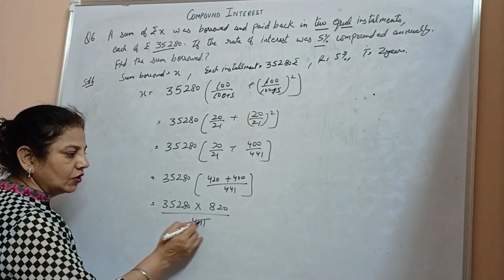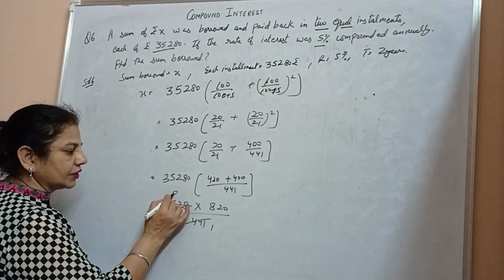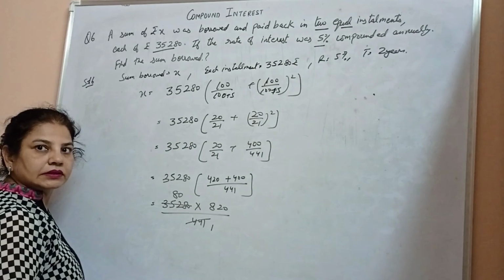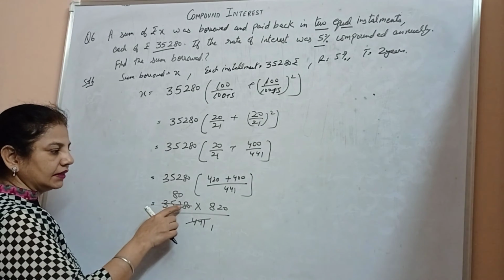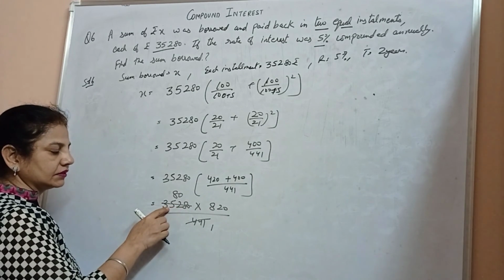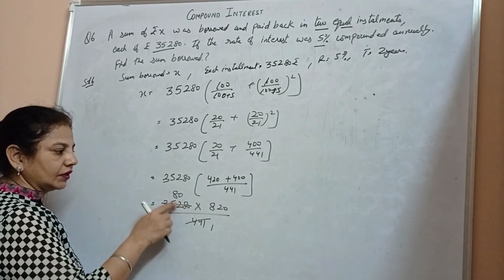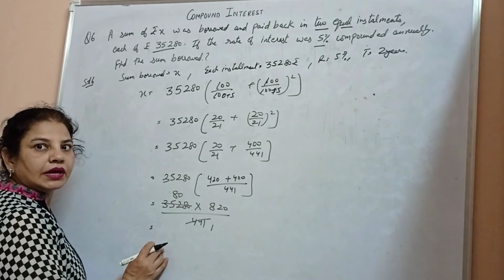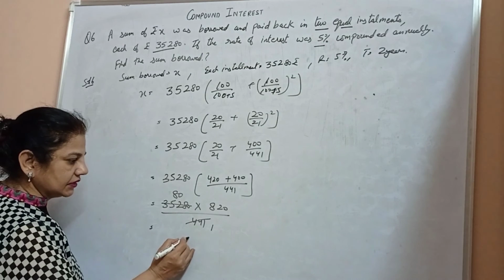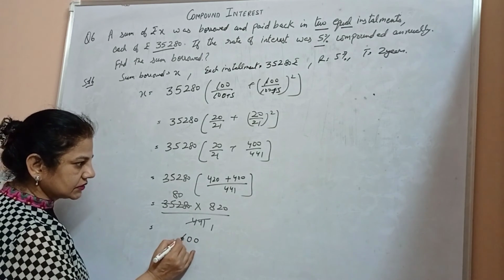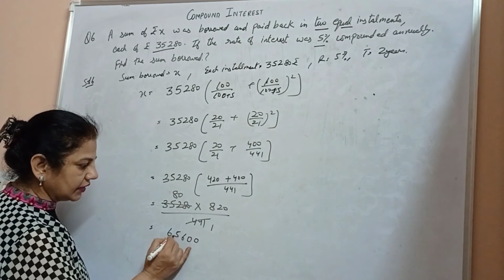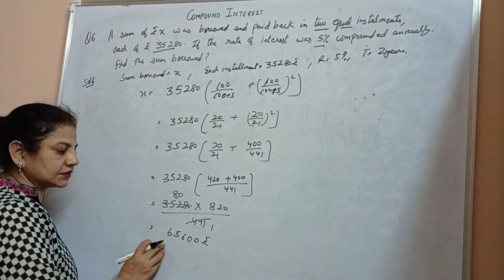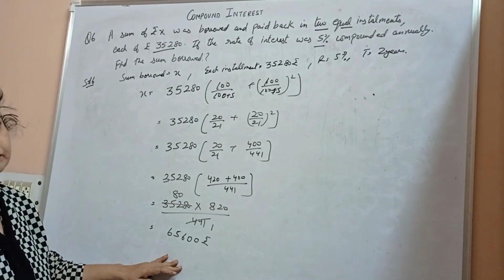Simply you can calculate: 441 ones are 441, 441 eights are 3,528, and 0 is there. So 80 into 820 gives me the result 65,600 as the money borrowed.